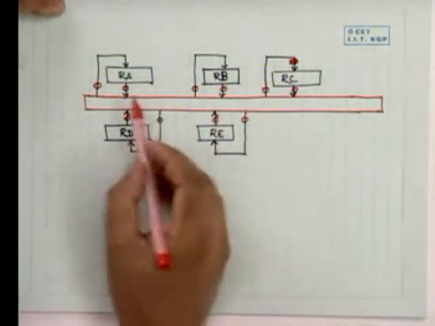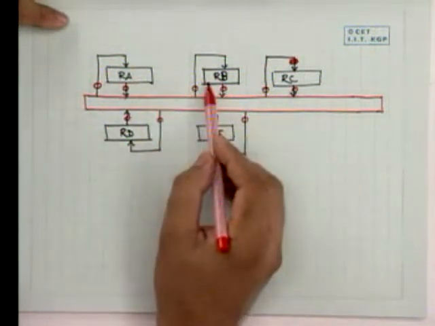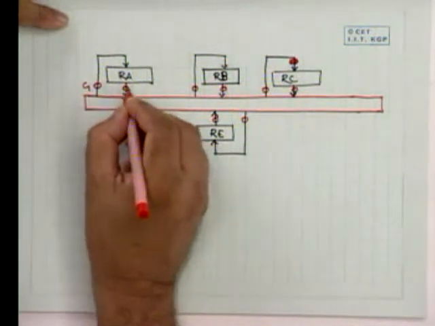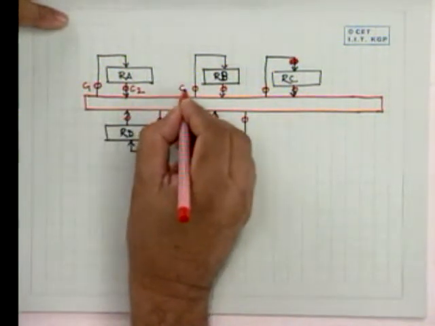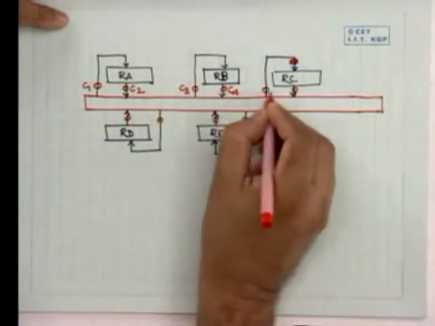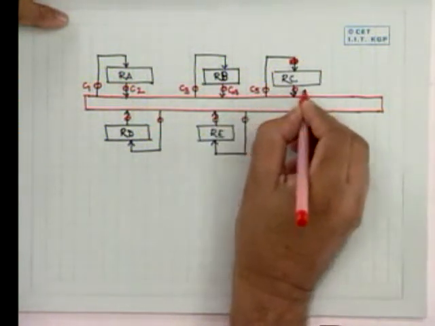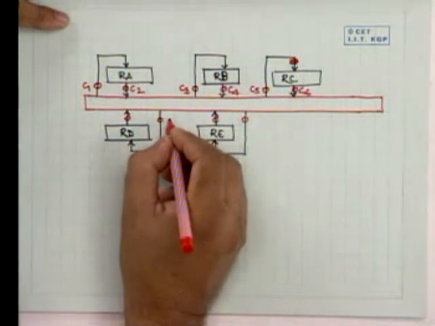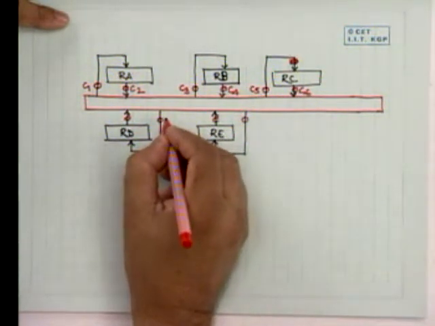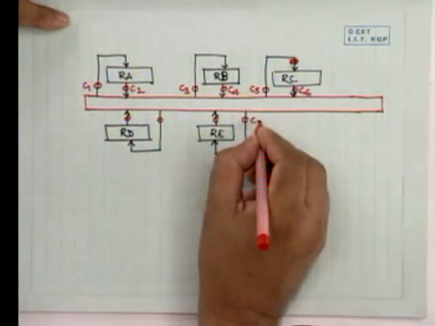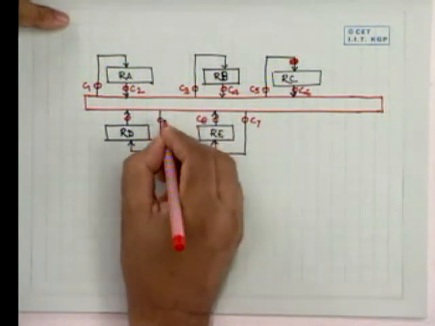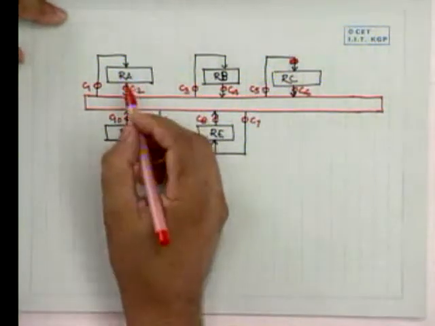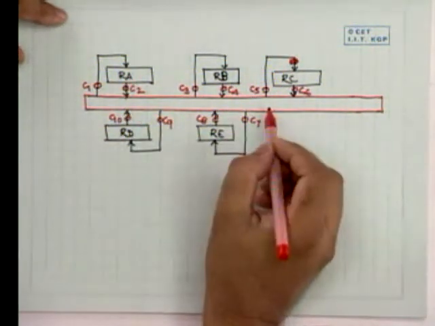Now you see, if you want to transfer, let's name them: this is C1, C2, C3, C4, C5, C6, C7, C8, C9, C10. Say we want to transfer the content of RA to register RC.